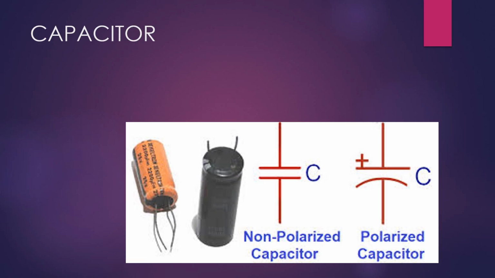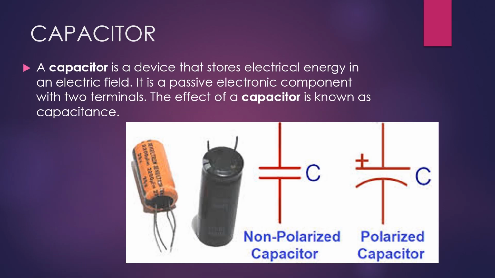So we can say a capacitor is a device that stores electrical energy in an electric field. It is a passive electric component with two terminals. The effect of a capacitor is known as capacitance, and it's measured in farads.